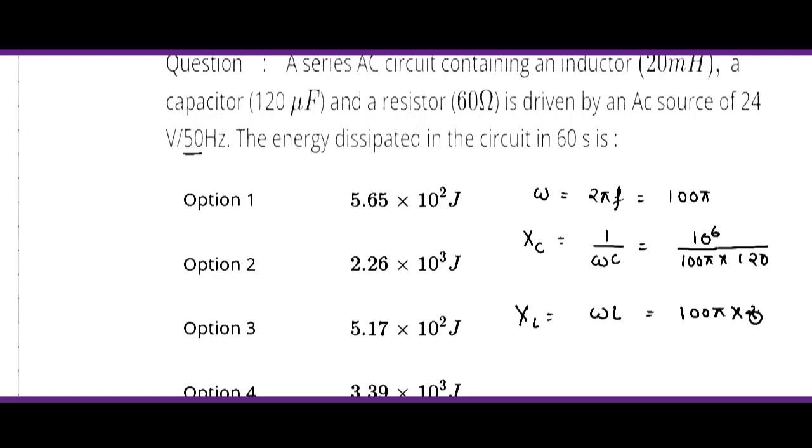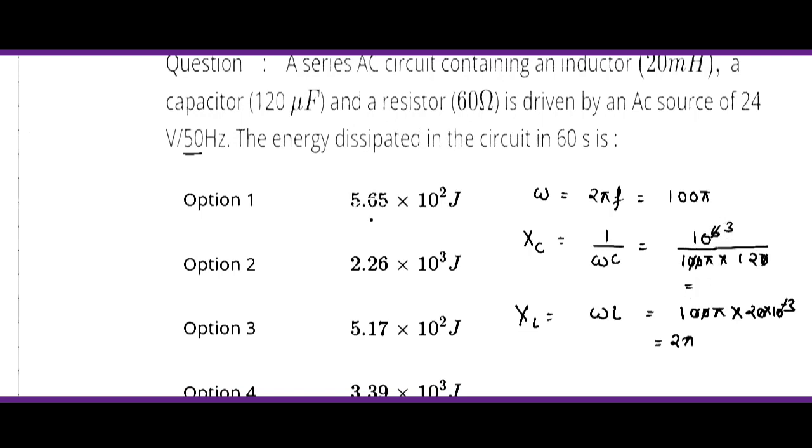So L is 20 millihenry, so I will multiply here 10 to the power minus 3. These three zeros will get cancelled out and it will be 2 pi only. And for XC, it will get cancelled out, and here you will get 1000 by 12 pi.